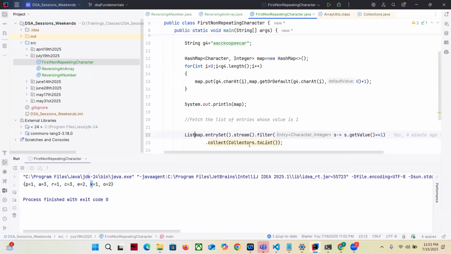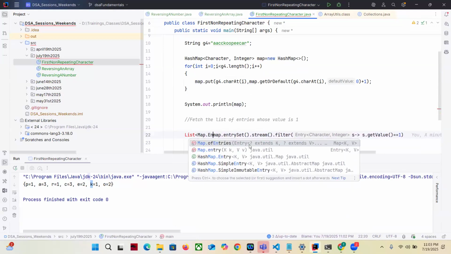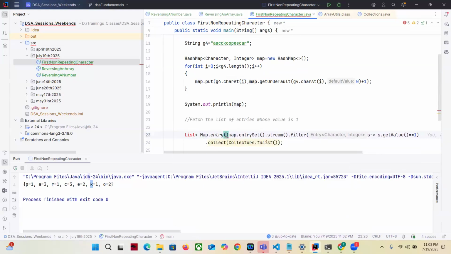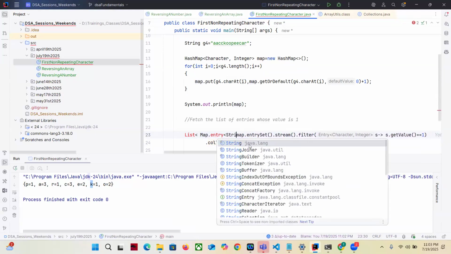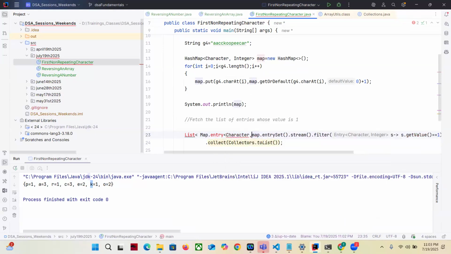I'll be storing this in a list of map entries, unique entries.